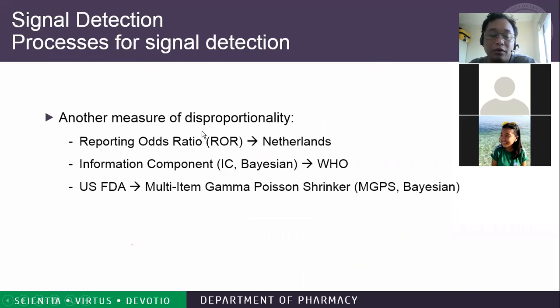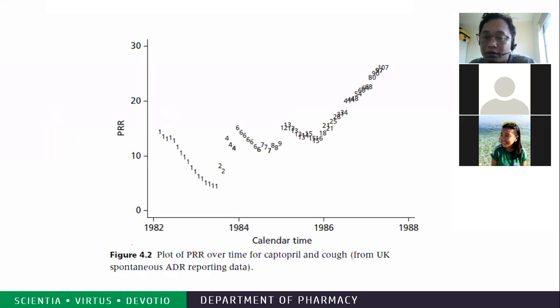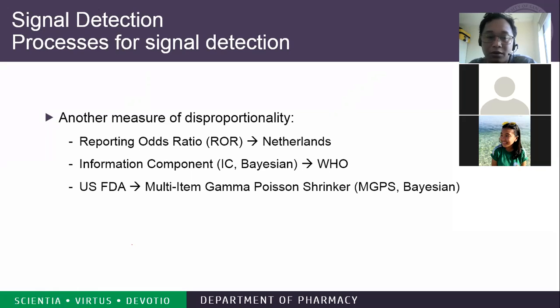Another method of disproportionality. Not all countries use the same method, just like what people in the UK do. In the Netherlands, for example, they have the reporting odds ratio. WHO uses the IC, using Bayesian methods.